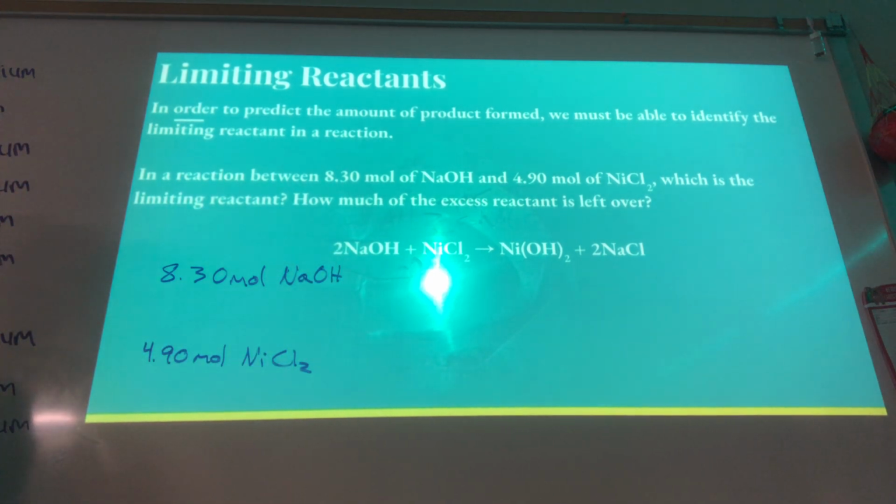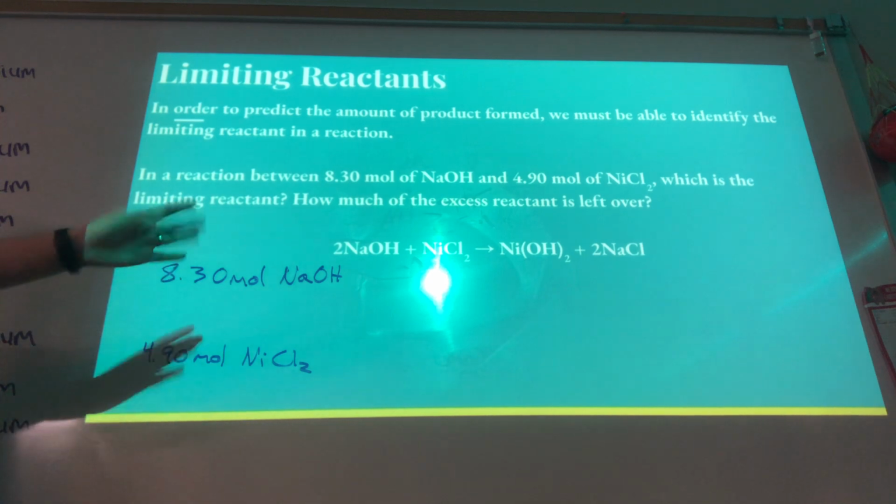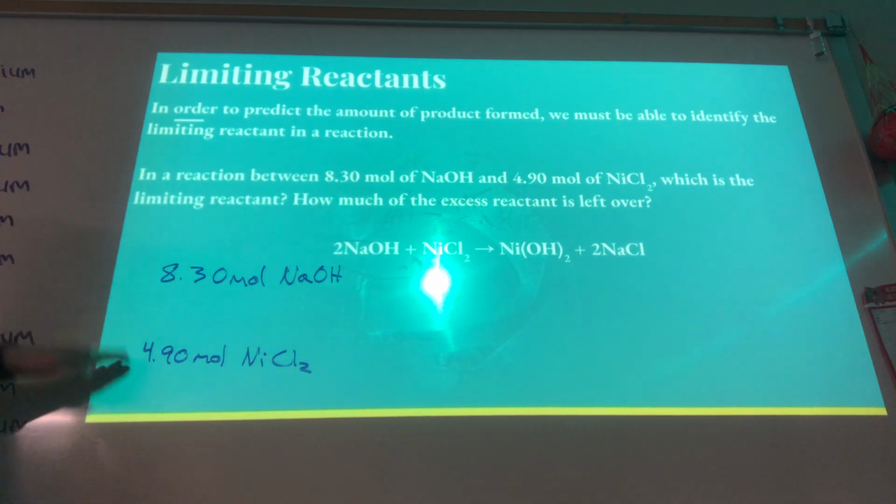What I'm going to do is calculate the theoretical yield of either of those products that I want based on each reactant. So let's pick one of the products. Which one do you want to do? NaCl. NaCl? Okay, we'll do NaCl.